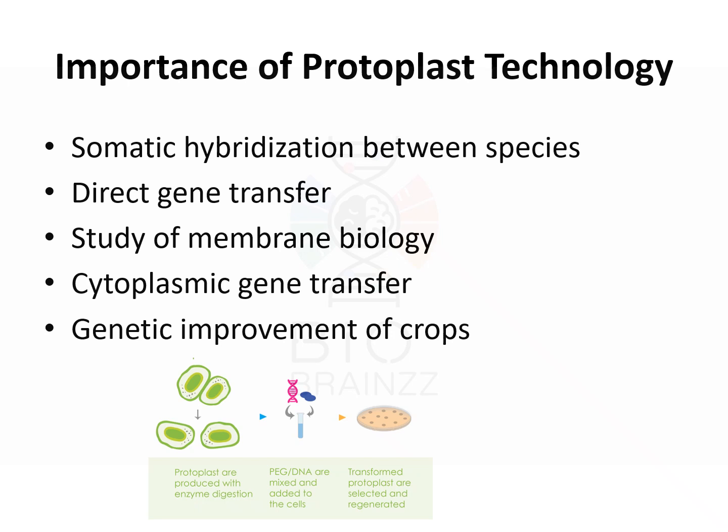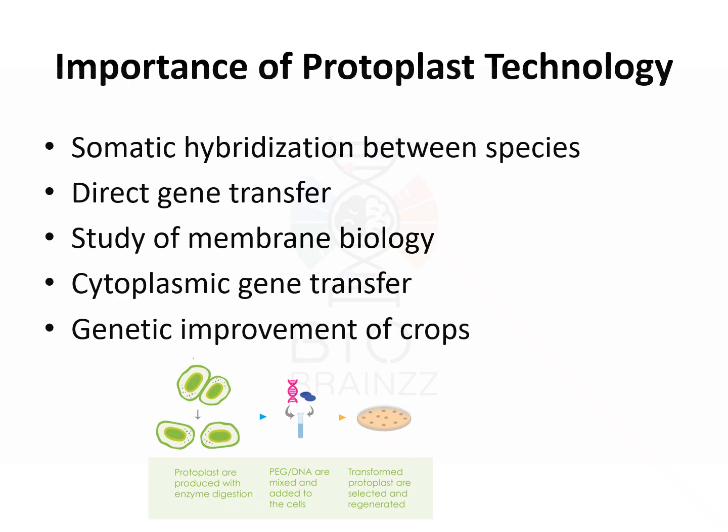This makes it possible to perform somatic hybridization, where cells from different species are fused to combine their genetic material. This is particularly useful when two plants cannot be crossed through normal sexual reproduction. In addition, protoplasts are used for gene transfer experiments, membrane transport studies, and cytoplasmic inheritance analysis.